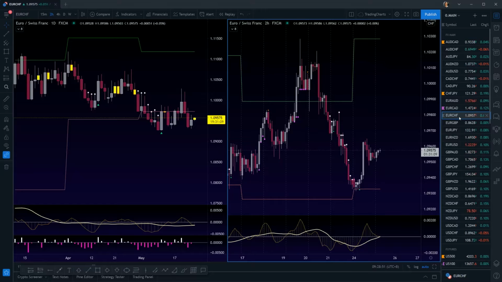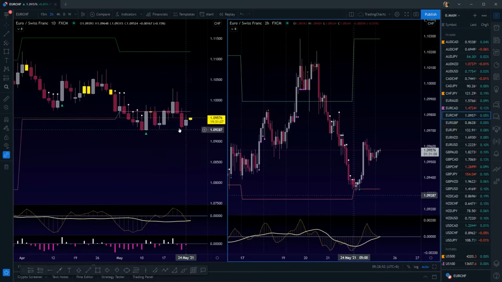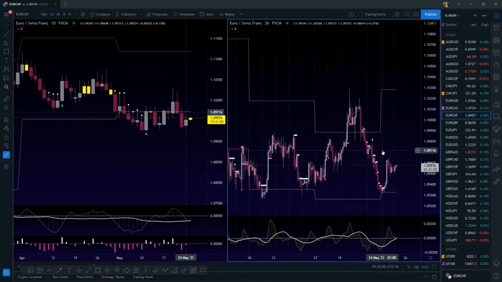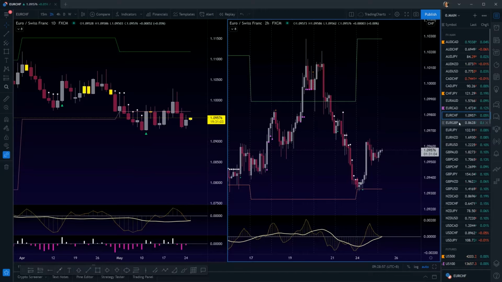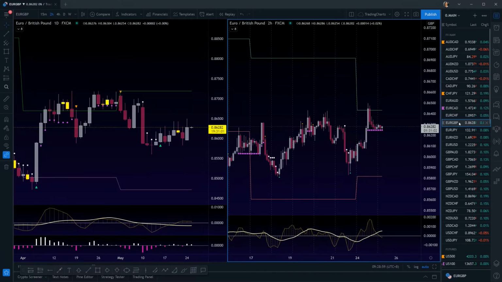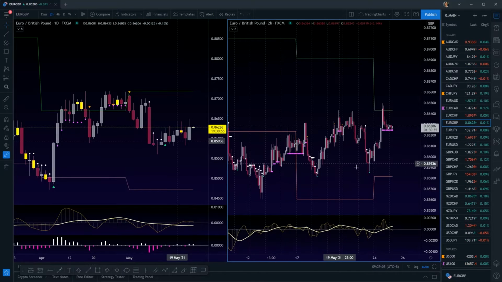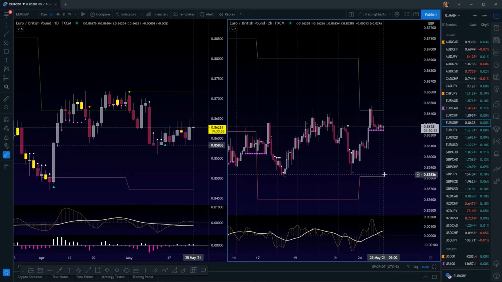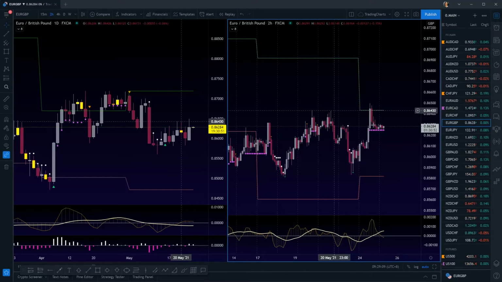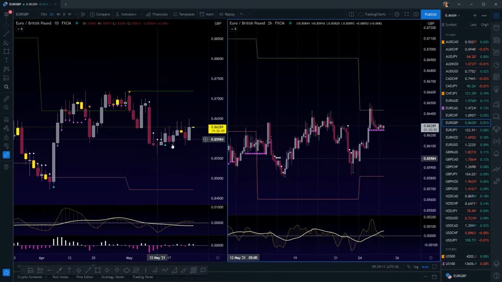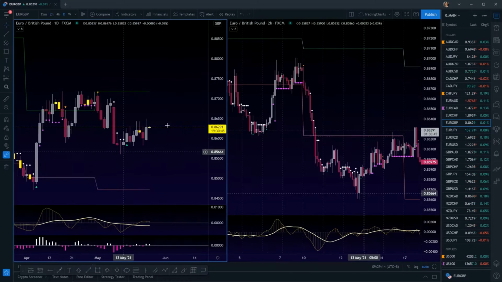Euro Swiss on the daily, no bias. On the 2 hour, no bias. Euro Pound, yeah, I don't like this because this is right in the middle of the range.